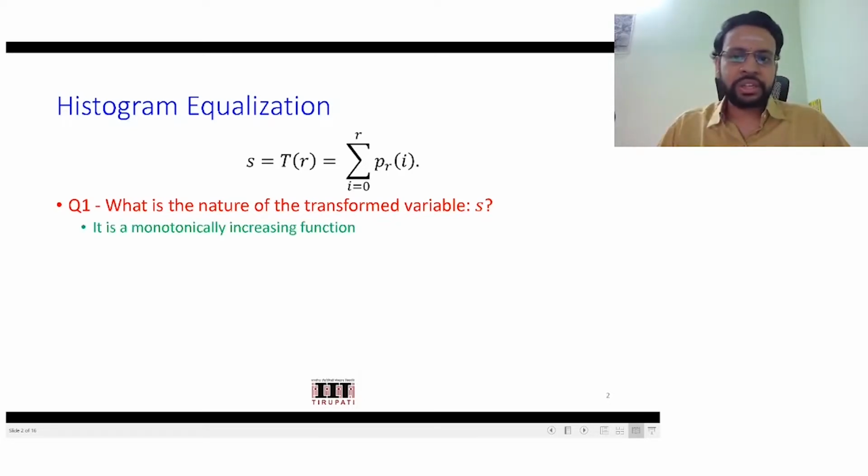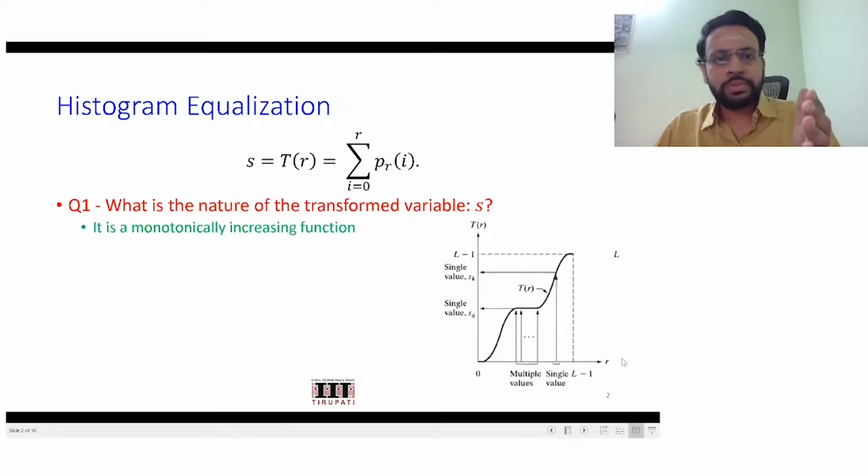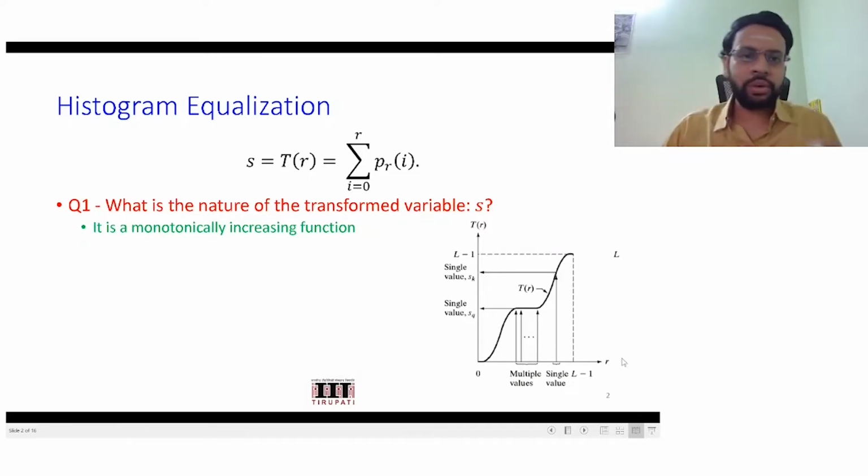As we discussed in that Zoom session, this would be a monotonically increasing function, which means we know for sure for each R a unique mapping or transformation to S. But if you want to find an inverse transform for this, that will not be unique. In that Zoom session, we also discussed that although there is no ideal solution for it, there are some strategies that are commonly followed in order to deal with this non-unique inverse transform.